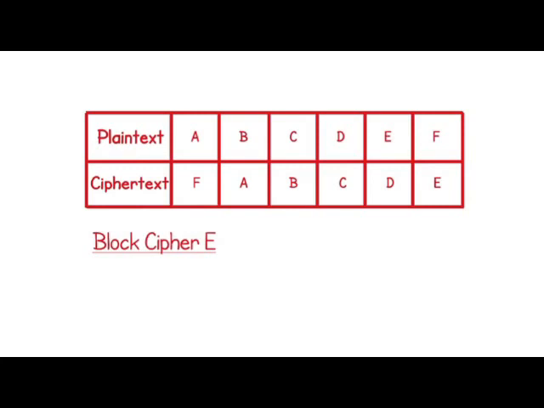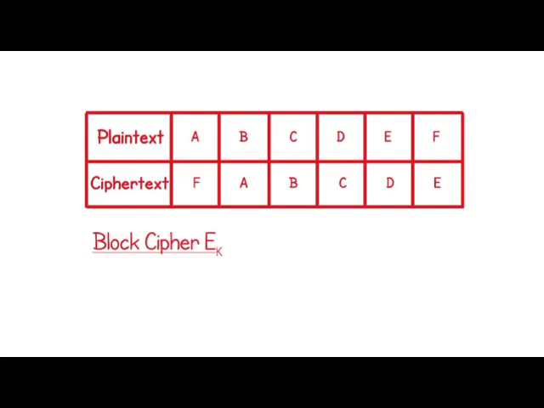Now, there is a difference between plain text and ciphertext. As you see, the ciphertext characters are shifted by 1, where ciphertext equals plain text shifted by 1. The plain text we chose is FACE, and it is replaced by EFBD by shifting 1. This is similar to a block cipher. A block cipher has additional features to ensure security.